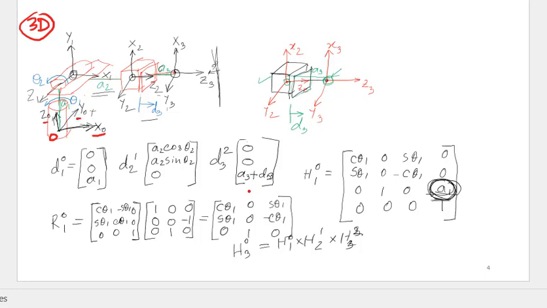This theta 1 indicates the displacement of coordinate system 1 with respect to 0, and a1 is the link length. Link length indicates the distance of link 1 from link 0, with respect to the 0 coordinate system.